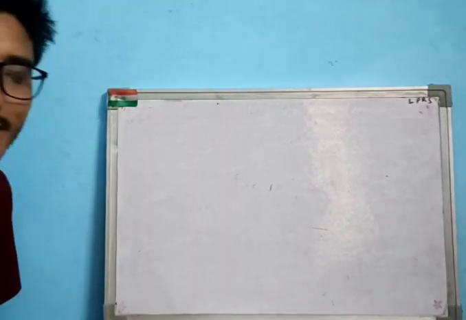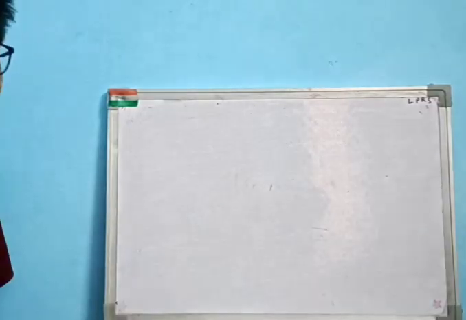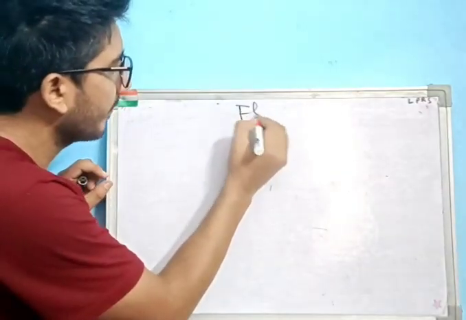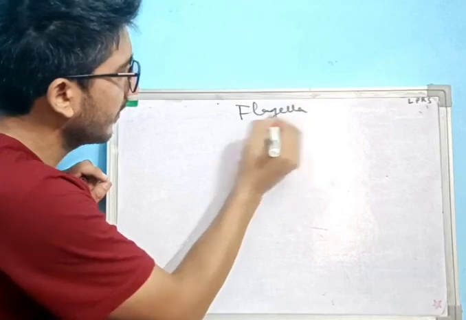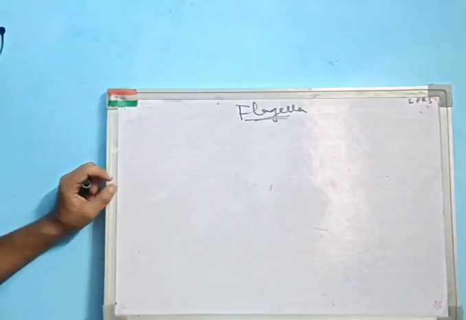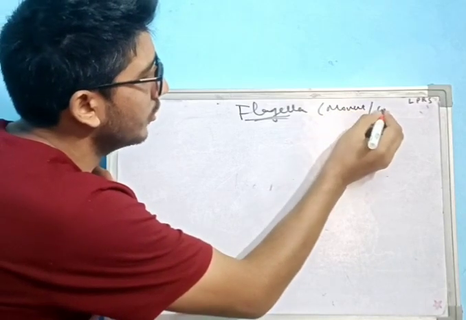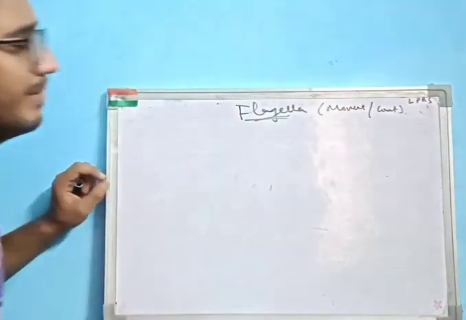So in the previous lecture we talked about the structure of the bacterial cell, and we are left with one portion, which is called flagella. Flagella is a structure used by bacteria for movement or locomotion.